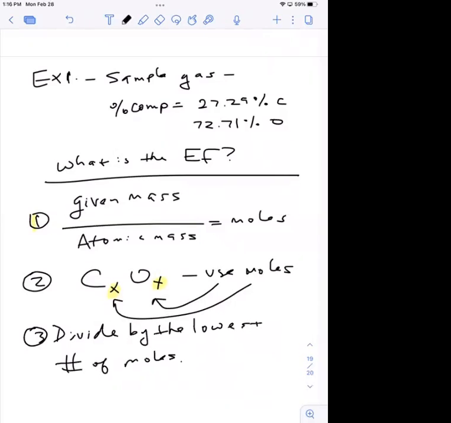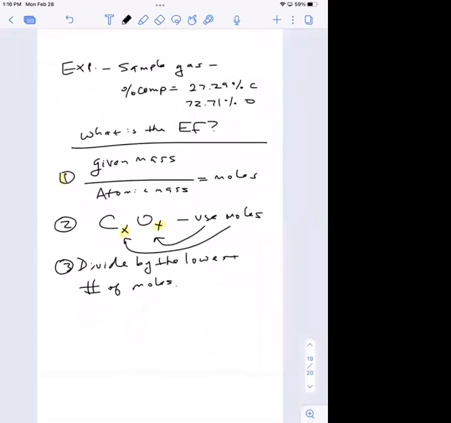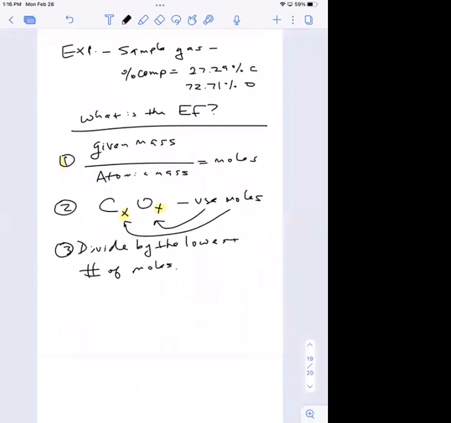Right. So what we have here, we don't have the masses, but we have the percent composition. Anytime you have percent composition, it always has to add up to 100. So if you got 10 atoms, the percentages of those atoms must add to 100%.